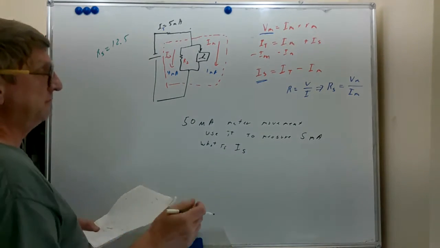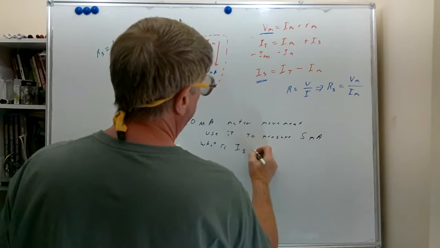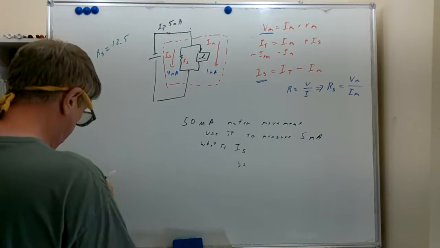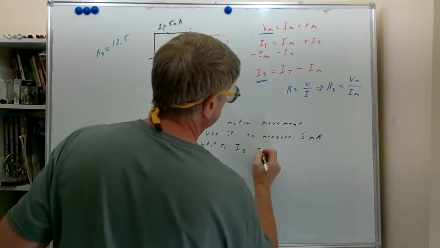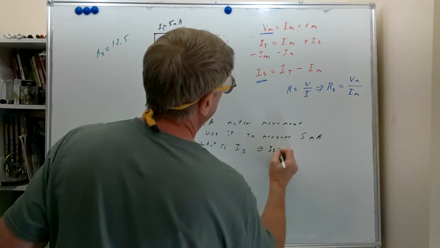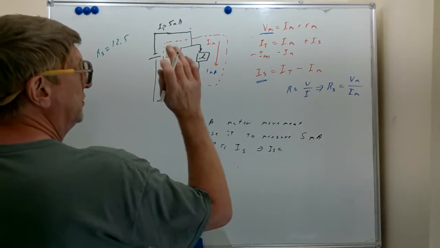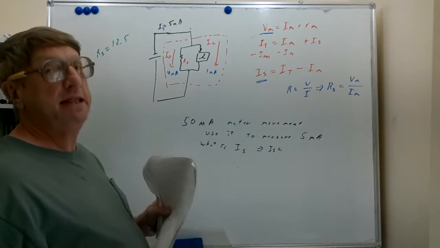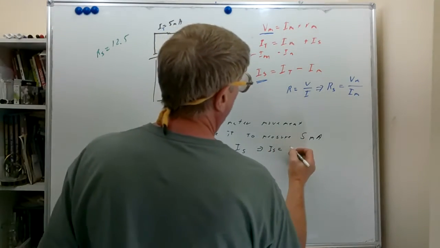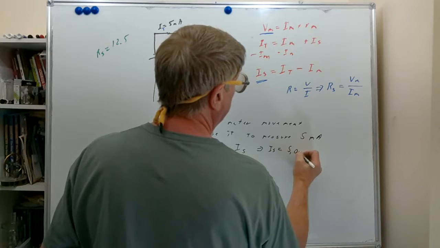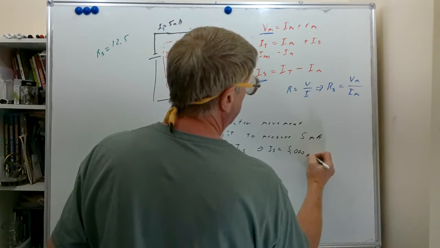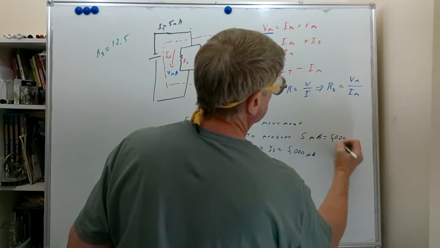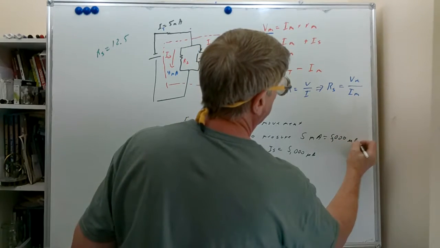Well, we have this formula here. IS is equal to the current total, which we want to be able to measure 5 milliamps, but 5 milliamps is also 5,000 microamps. Let's convert that to 5,000 microamps.